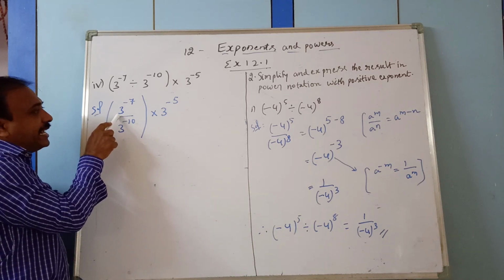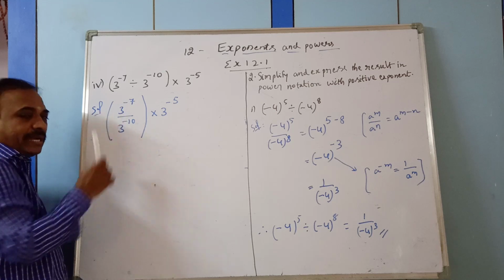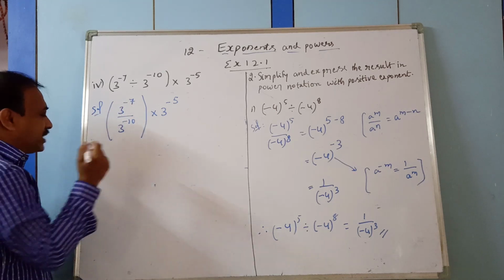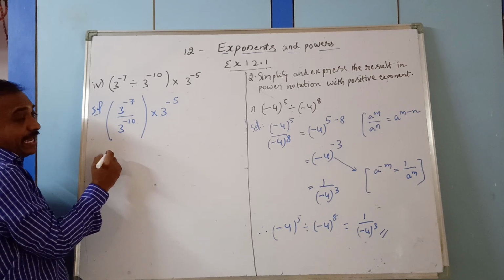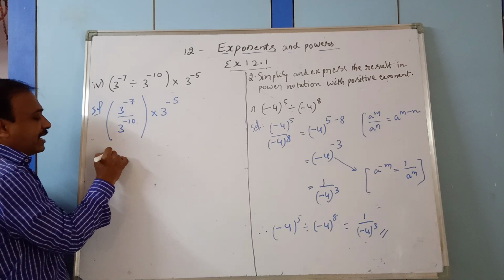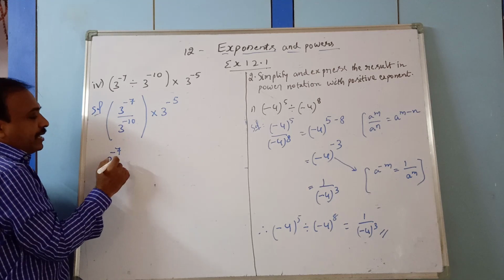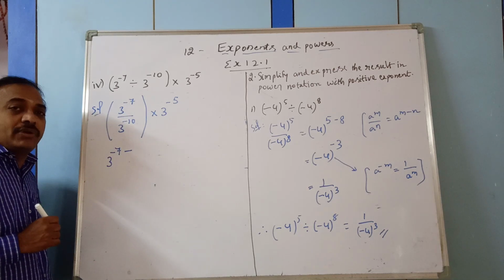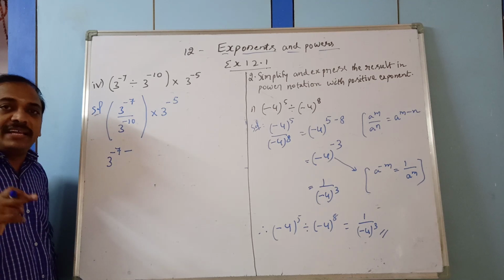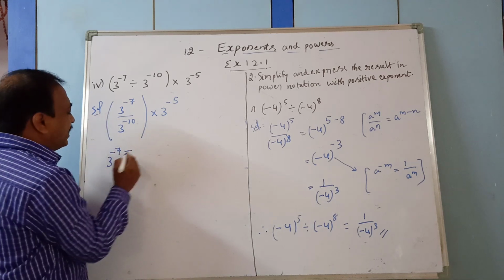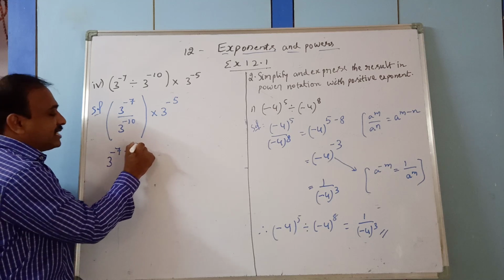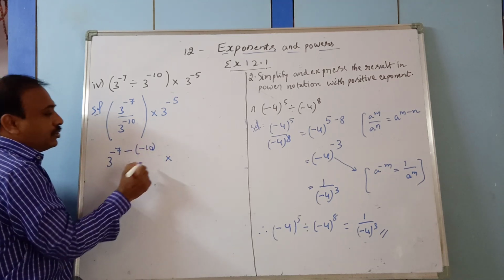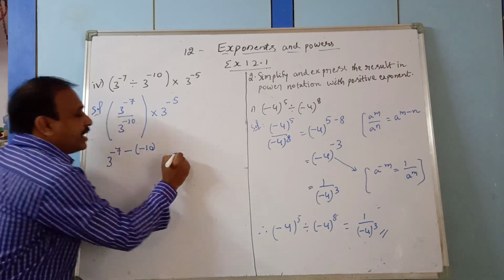But here 3 to the power minus 7, 3 to the power minus 10, so I am using a power m by a power n, which is 3 to the power minus 7 minus of minus 10. What is the formula actually? A power m by a power n is equal to a to the power m minus n.